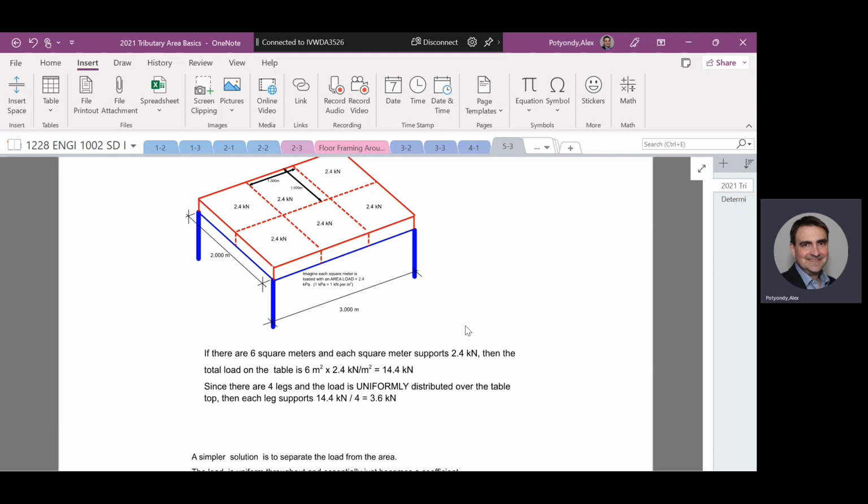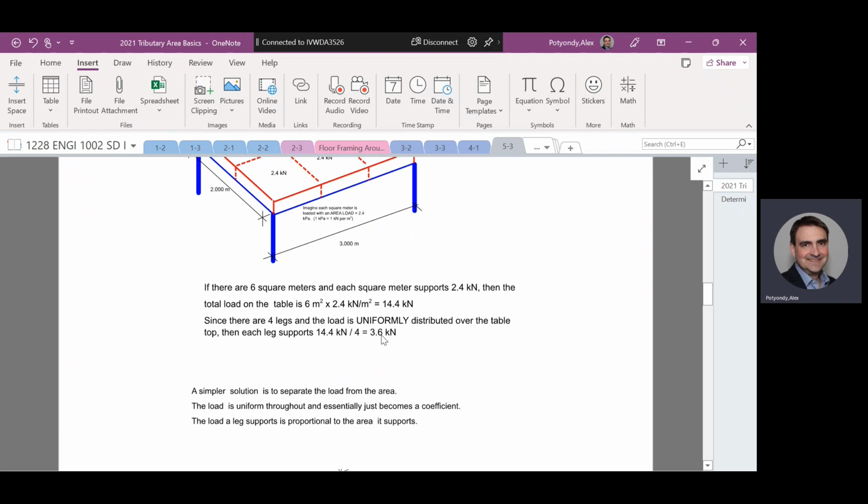Notice that the units now go from kilonewtons per square meter to kilonewtons. Since there are 4 legs, and the geometry is quite simple and uniform, it's reasonable to expect that each leg is going to support an equal amount of load. So you take that 14.4 kilonewtons and divide it by 4, and we end up with 3.6 kilonewtons per leg.